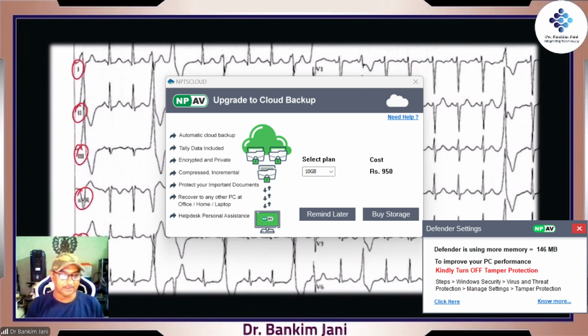For RAD, lead 1 has to be negative. This is lead 1. कहाँ है negative? This is normal, right? No confusion.